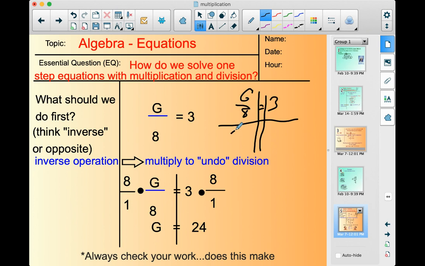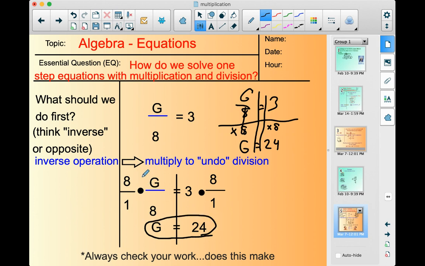I'm going to undo that by multiplying by 8. Multiplication is the opposite of division. Whatever I do to this side, I got to do to this side. So divided by 8 and times 8 are going to cancel out, getting the g by itself. 3 times 8 is 24. So 24 is my answer.